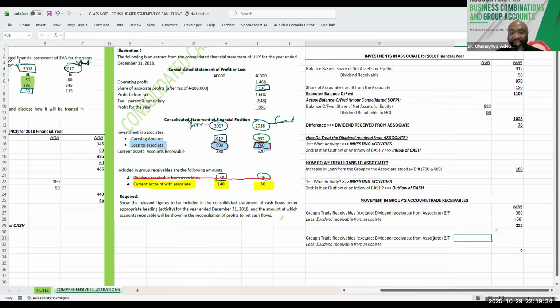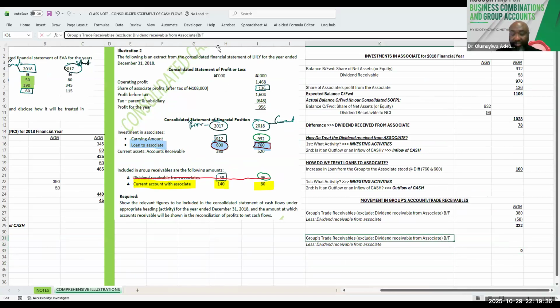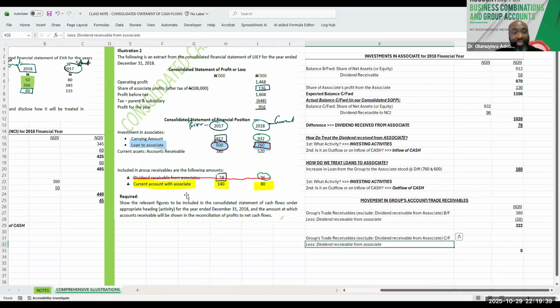Now, what is the end of the year for trade receivable? End of the year, if I pick my pen, is 520. Remember, we dealt with 380 before. 520.